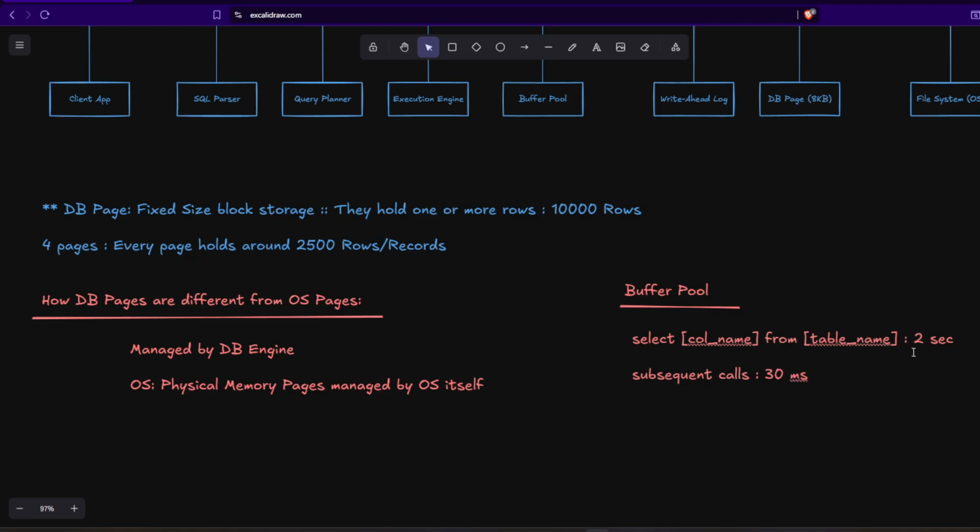Why does this happen? Because the moment the database engine determines that something is on a certain DB page, it caches that particular DB page.